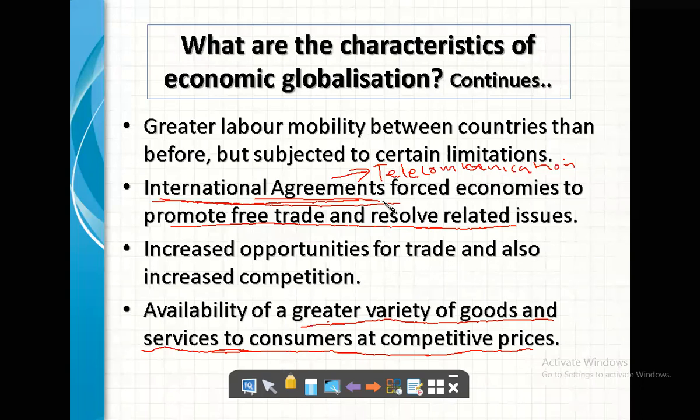So they come in to help us. But sometimes it's because of, like I said, a tied agreement or aid or grant. So they are subjected to certain limitations.